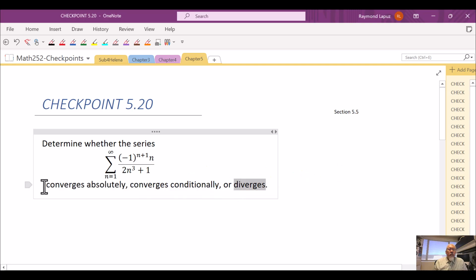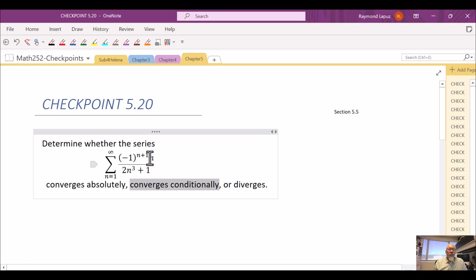So the first step is to take the absolute value and check if that series converges absolutely. If it does, we're done. If it does not, the next thing we need to check is whether it converges conditionally. With that, we need to put this series through the alternating series test, which has to satisfy two conditions.